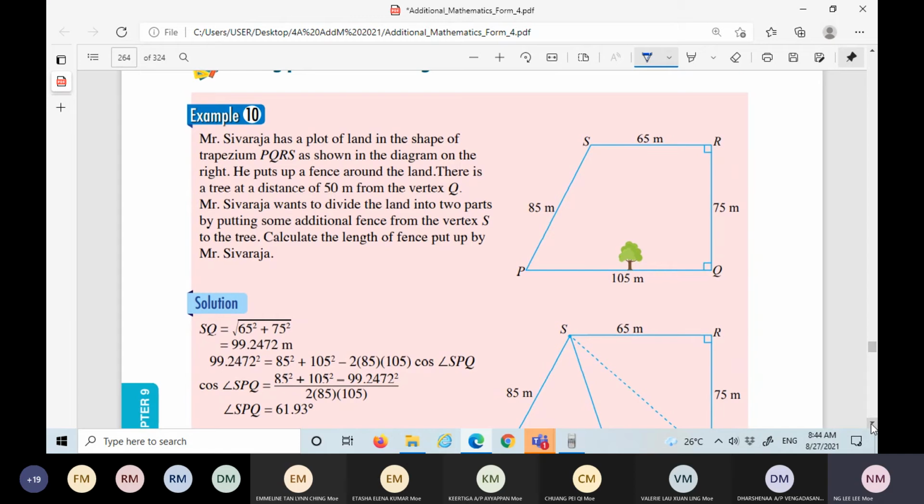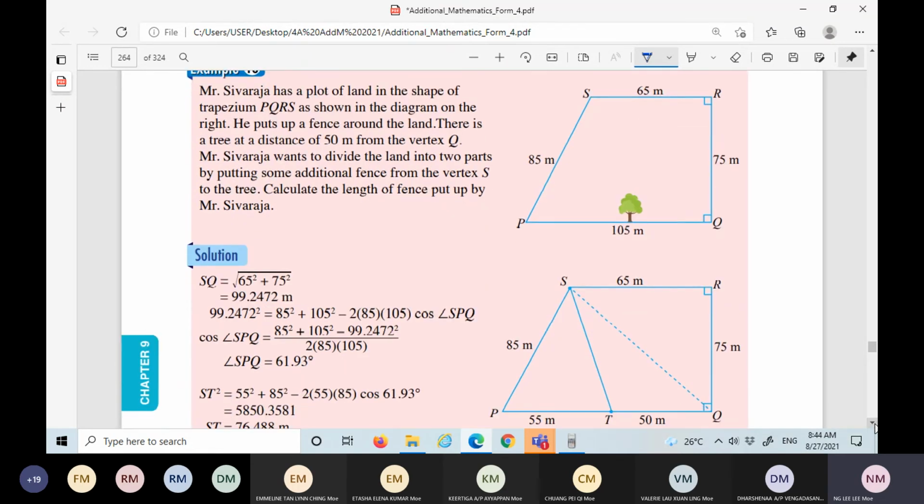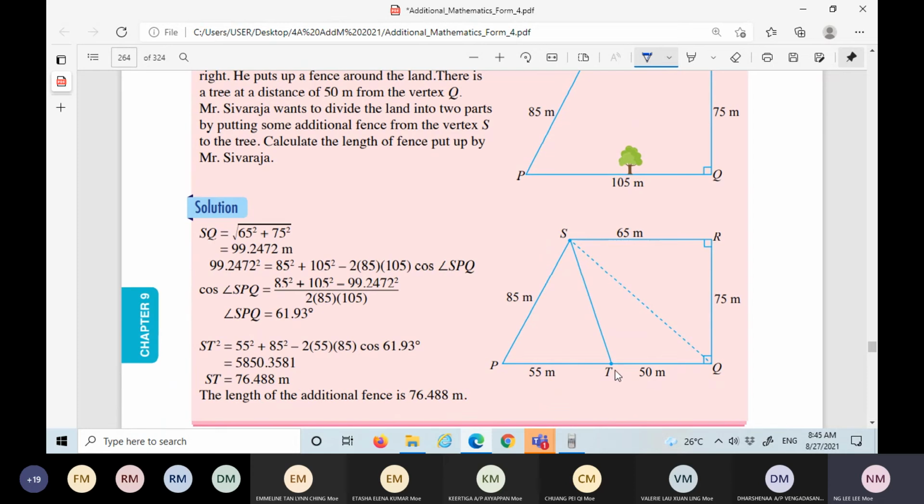Okay, look at this problem. This is a trapezium. There is a tree at the distance of 50 meters from the vertex Q. So you label the tree as T here. Look at this second diagram.